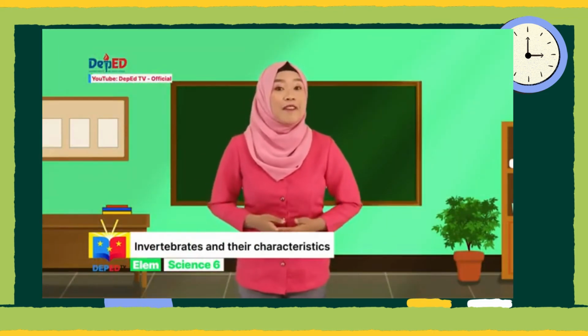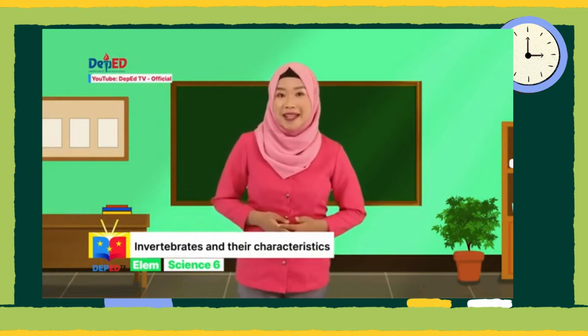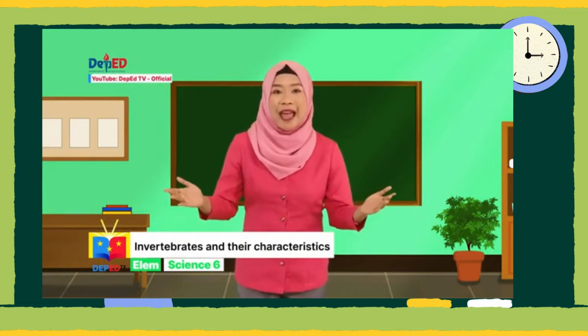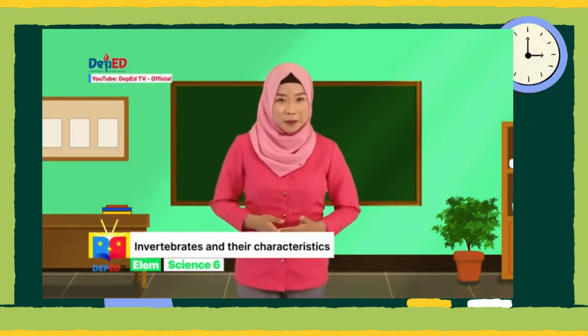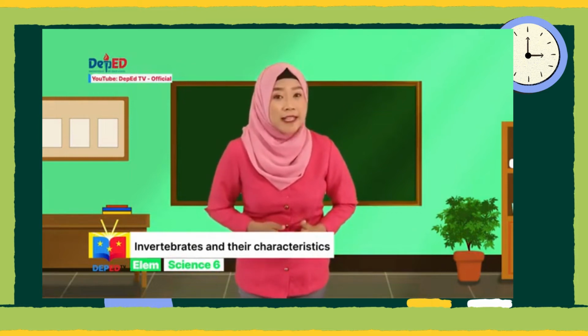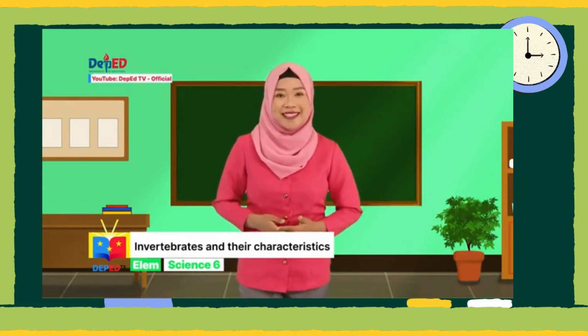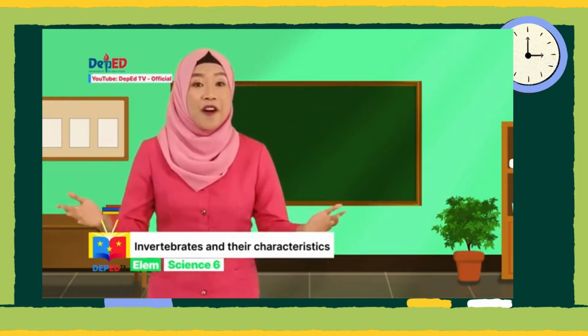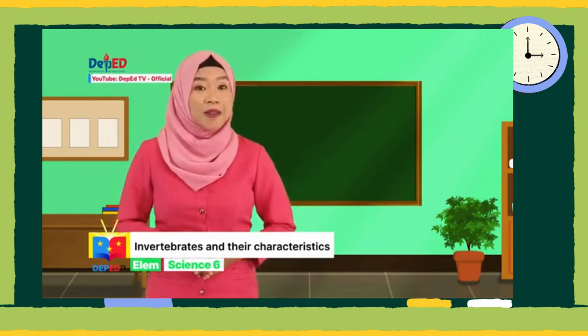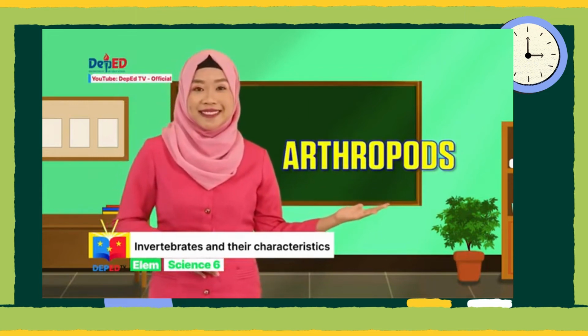Science-minded learners, invertebrates are simple animals because they don't have a backbone or vertebral column. Their body parts and functions are simpler compared to those of the vertebrates. First, let's know more about the arthropods.